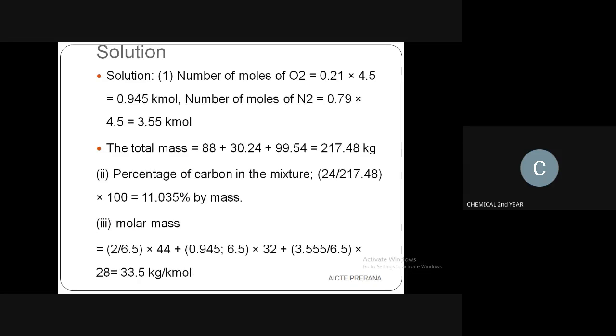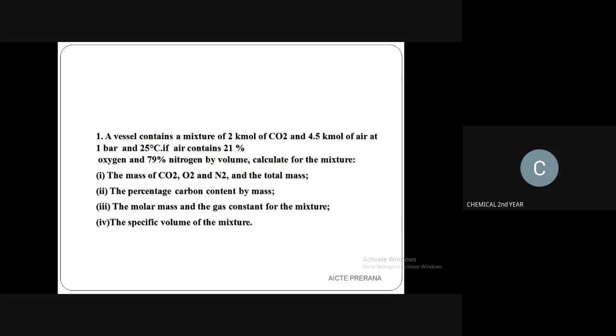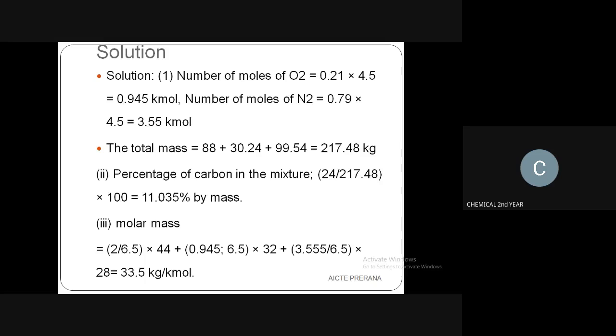First, we are going to find the moles of each and every compound. First, the mole of CO2, next the mole of oxygen, and then the mole of nitrogen. So we find the number of moles of O2.